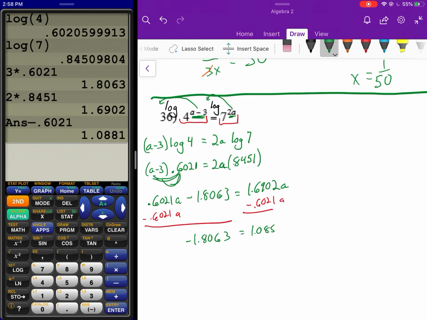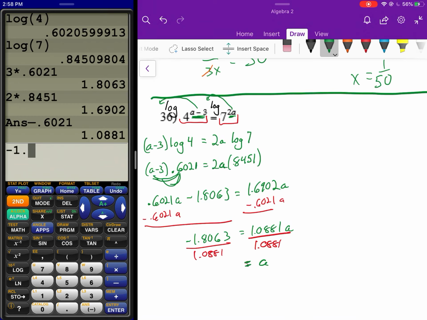And we get 1.0881a. Dividing both sides, sorry, I forgot to put a. 1.0881a. And we'll find what a is when we do that division.